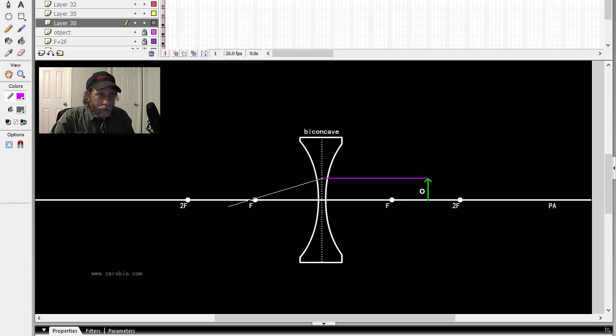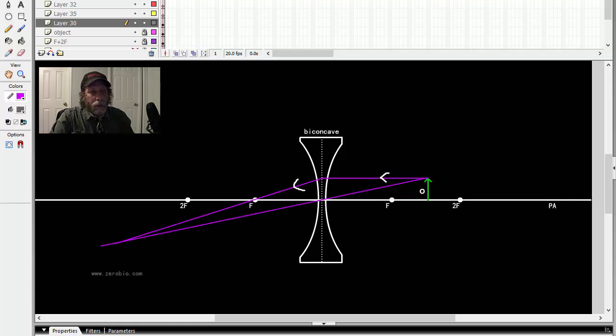Parallel, straight through F, solid lines. Now at this point, I can do a couple of different things. I can do whatever I want. I often like going through the optical center, so let's try that. Straight through the optical center, and look what happens. All right, they do intersect there.